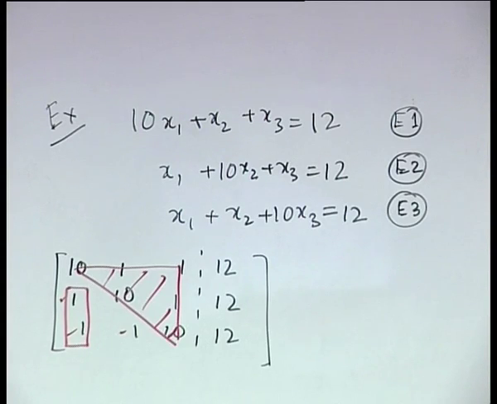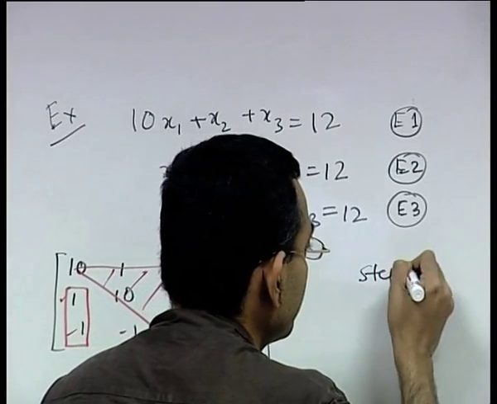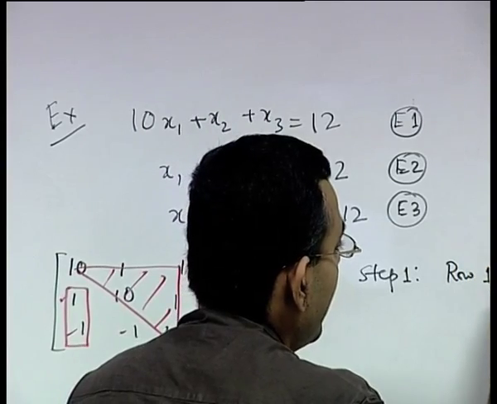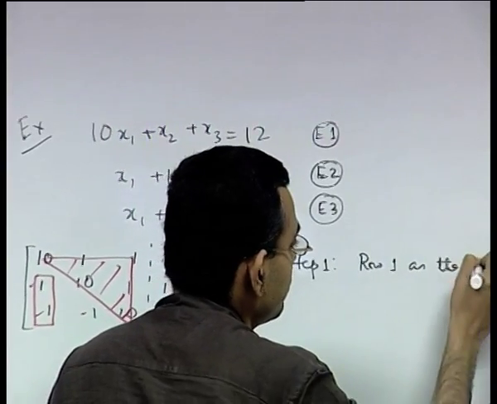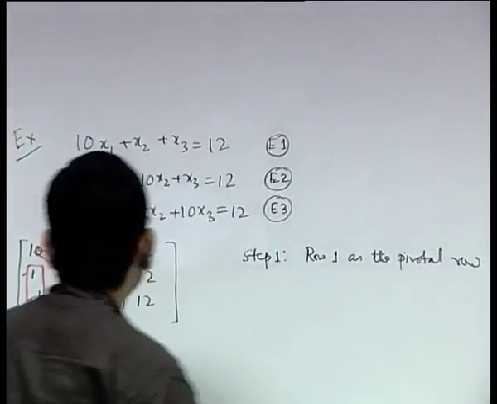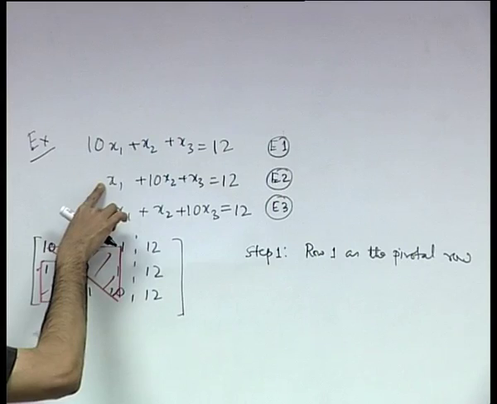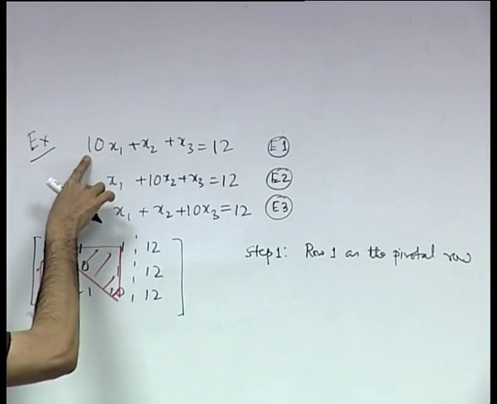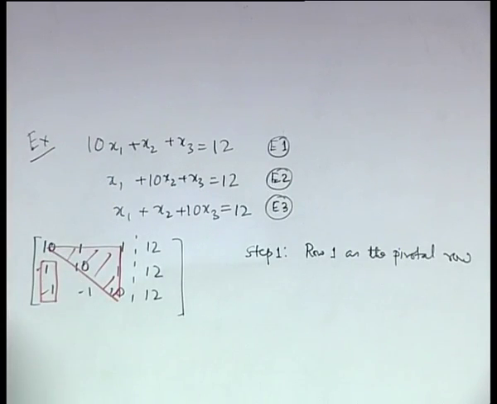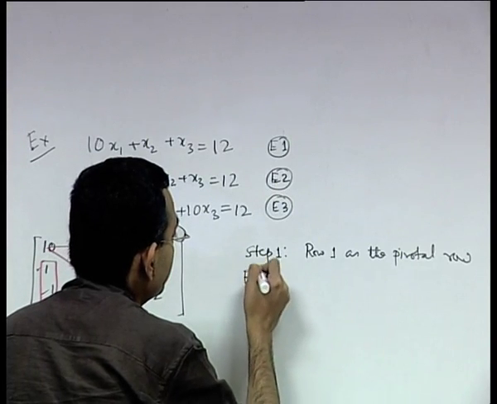So, in step 1, you have row 1 as the pivotal row. You want to eliminate this x1 from equation 2 using equation 1. Equation 1 conforms to row 1. So, what will we do?